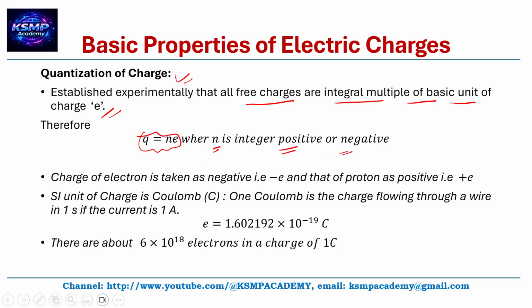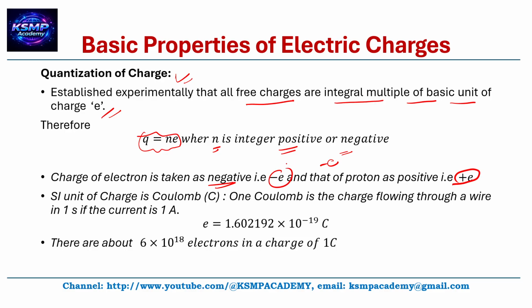This is known as quantization of charge. And charge of electron is taken as negative, that is minus e. On electron, charge will be minus e, and on proton it will be plus e. So charge on proton is plus, charge of electron is minus, and the unit is e, the basic unit, so minus e and plus e.